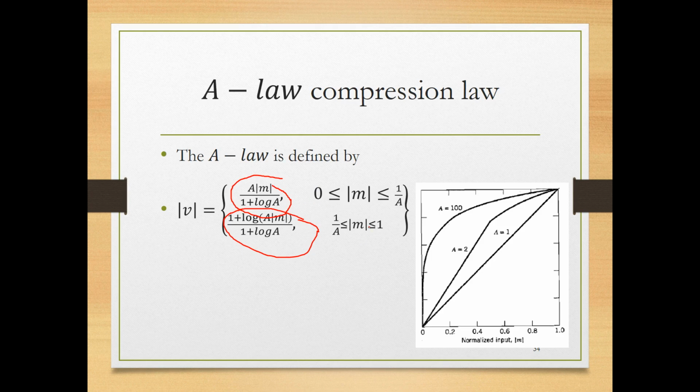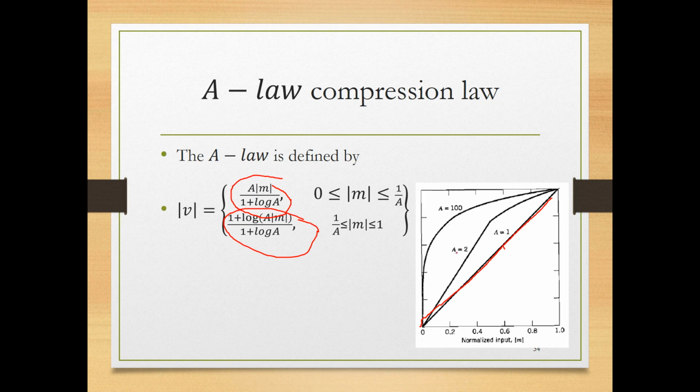But when the message value is large, you don't need to magnify too much. You just change the formula to a different formula that doesn't magnify too much. For example, when A is equal to 1, you have no compression, no magnification, nothing. It's normal. When you have an input value of the message equal to 0.6, the output is 0.6.